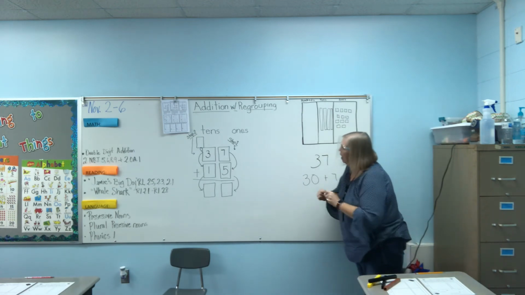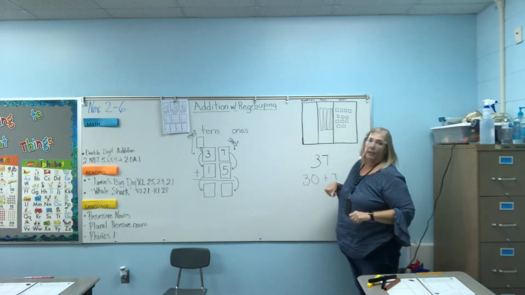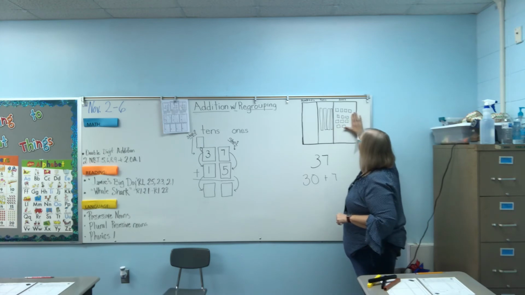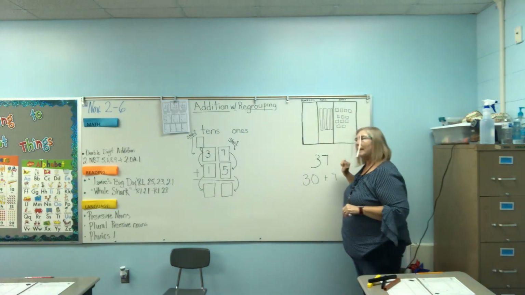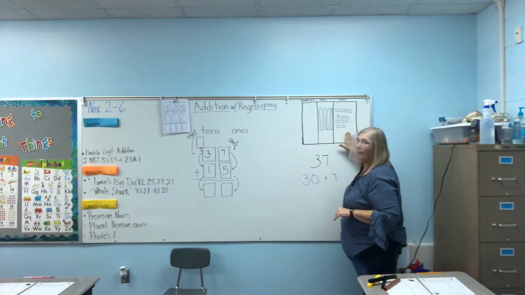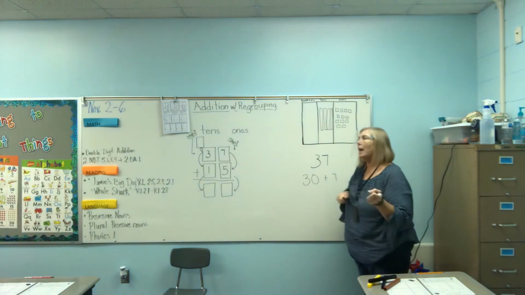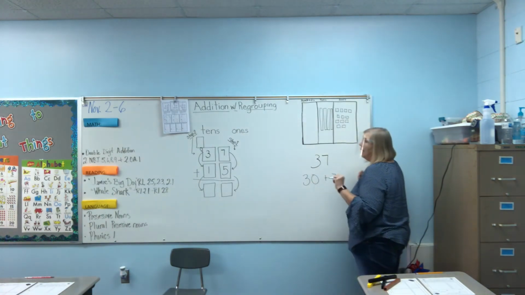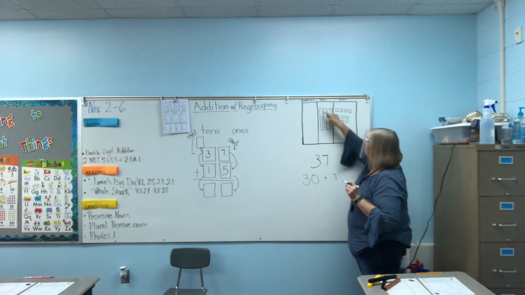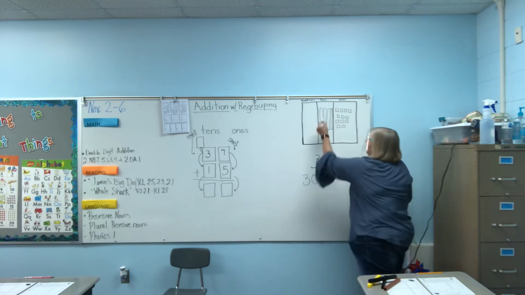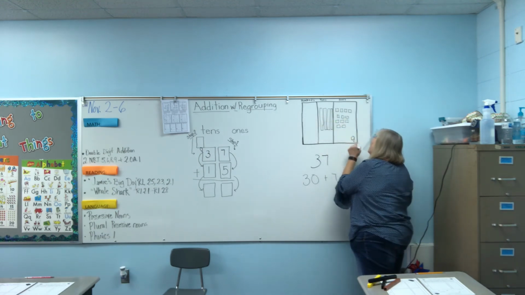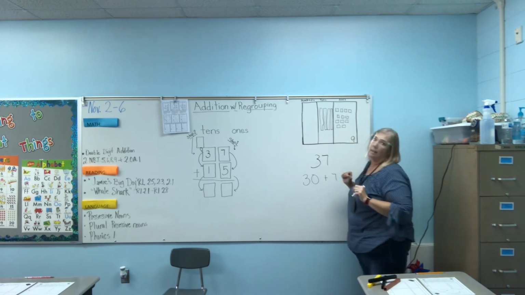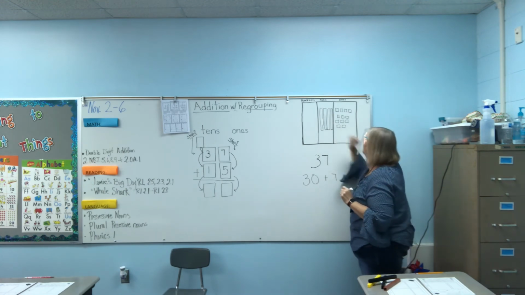Now, before we walk over here, I want you to look up here in our ones column. How many ones can we have? How many can go in there? There's a certain number that you get to, then you have to put them together to make a new set. So let's count our ones over here because we can only have 9 ones in this column without moving them over.